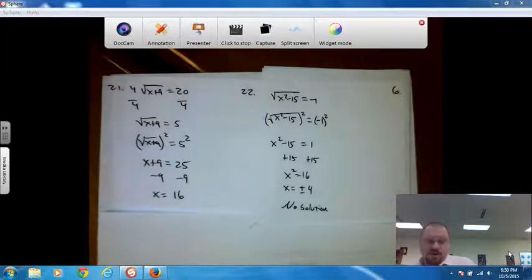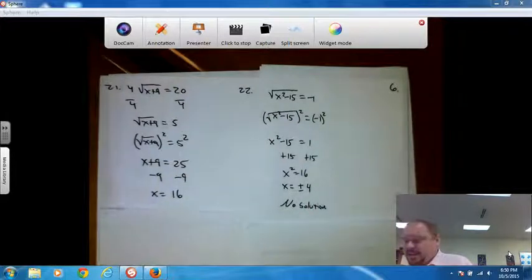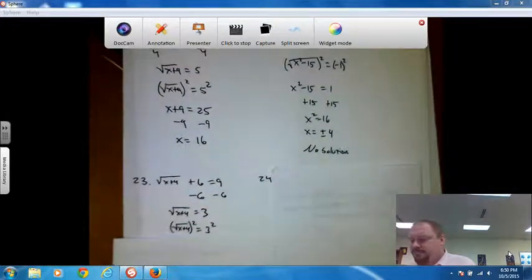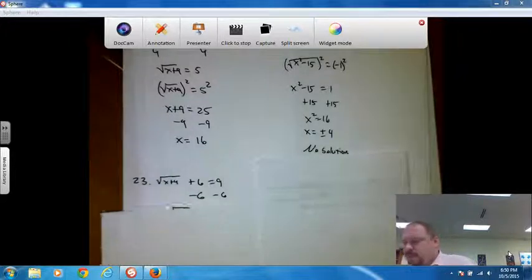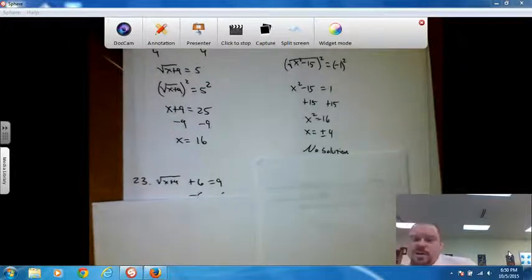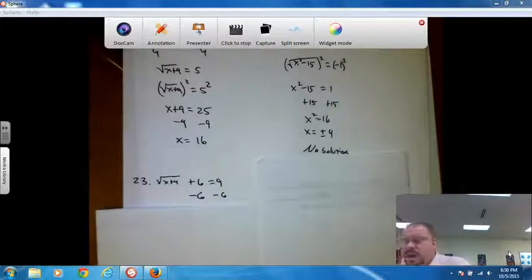And the last problem in that section is number 23. The square root of x plus 4, plus 6 equals 9. So get the radical by itself. Subtract 6 from both sides. That gives me the square root of x plus 4 equals 3. Now it's time to get rid of the radical. Square both sides.